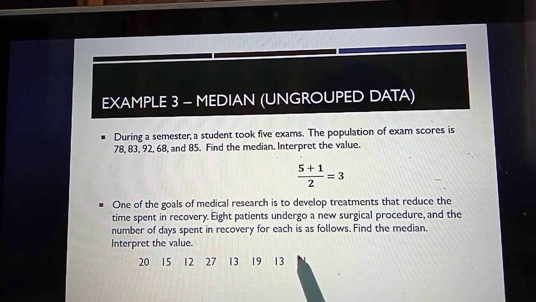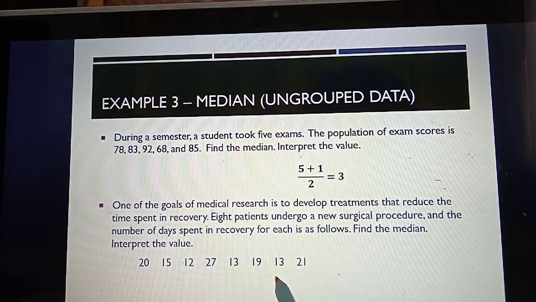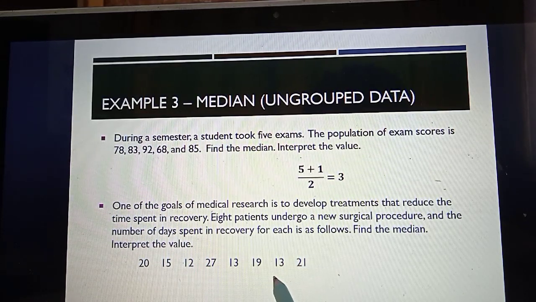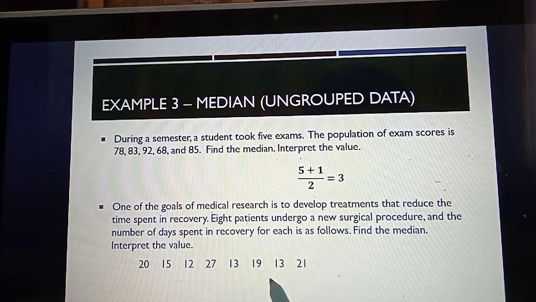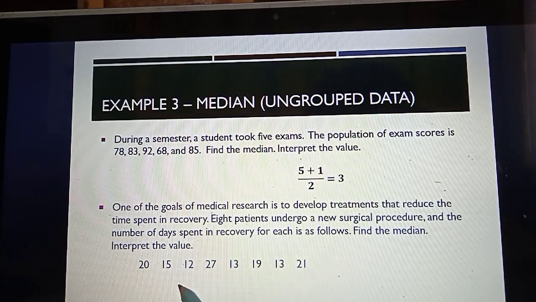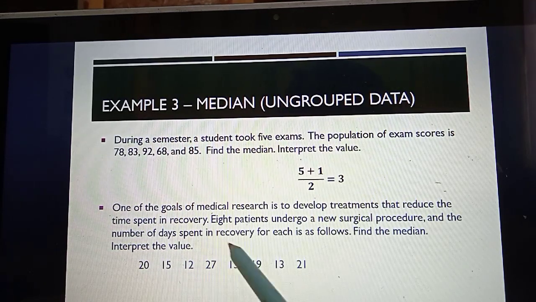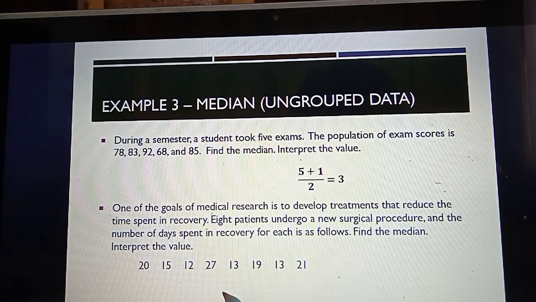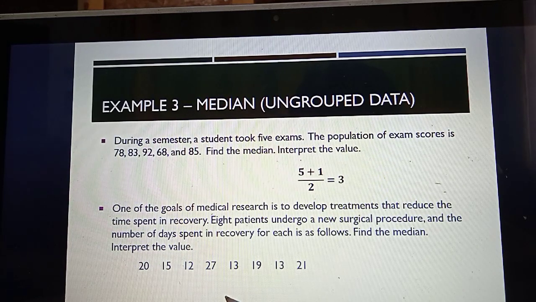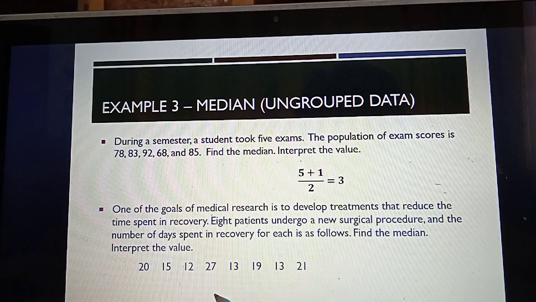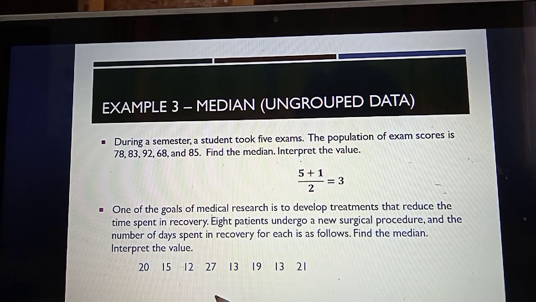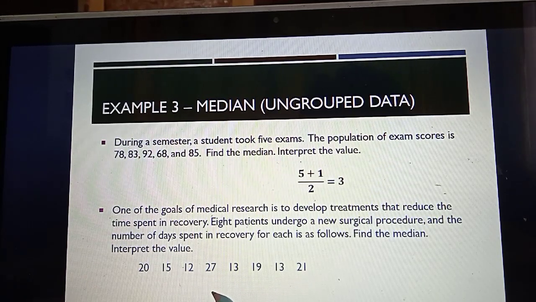So 8 plus 1 is 9. 9 divided by 2 is 4.5, meaning the data in positions 4 and 5.